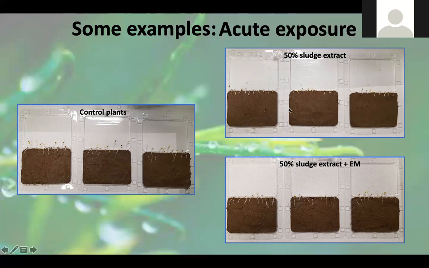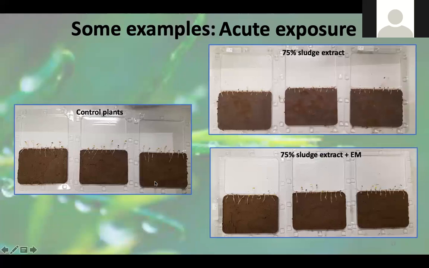And what you can see is that in this case, where plants were treated only with sludge, the development was clearly less than control plants, against plants treated with sludge and effective microorganisms that showed a complete development.